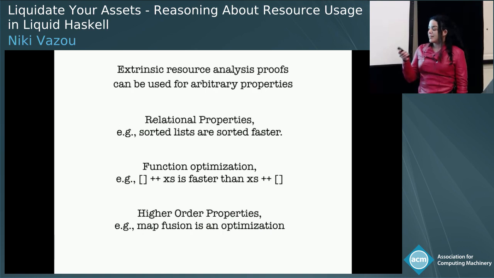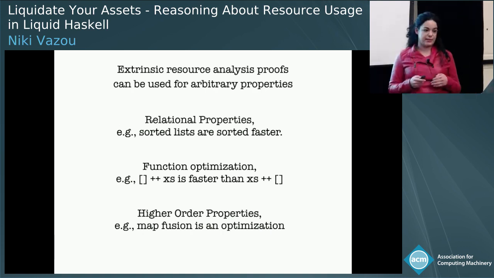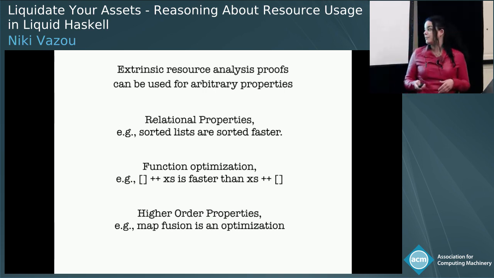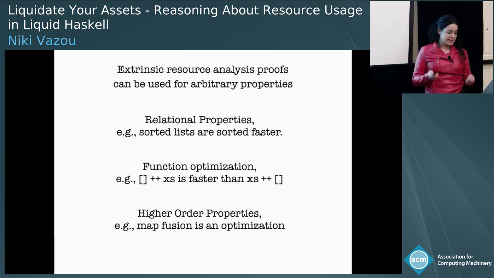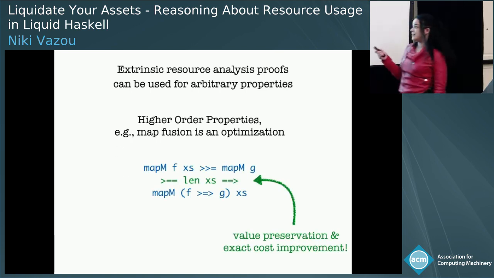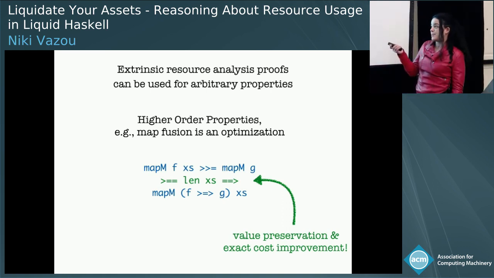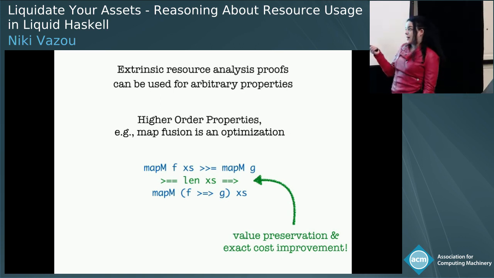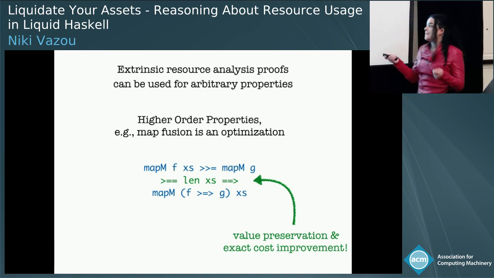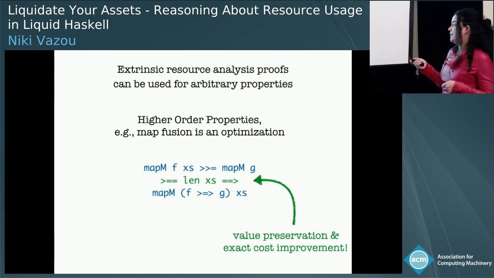And then another interesting category of our benchmarks is proving higher order properties, cost properties about higher order functions. So for example, we prove that map fusion is an optimization. And the theorem is defined with something like this that says that if I map f to x's and then map it to g, this is equal but requires length x's more steps than mapping x's to the ticked composition of f and g.